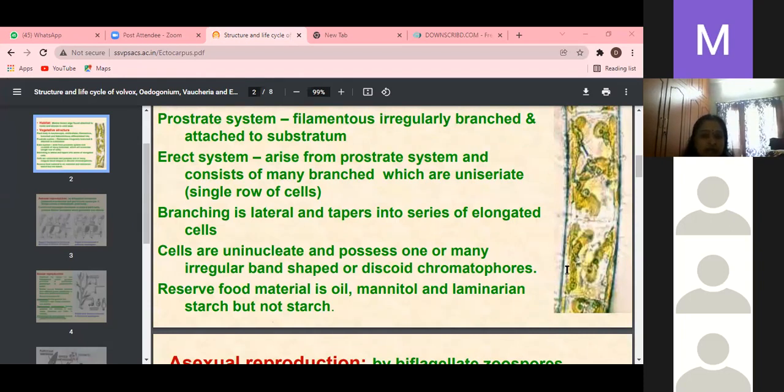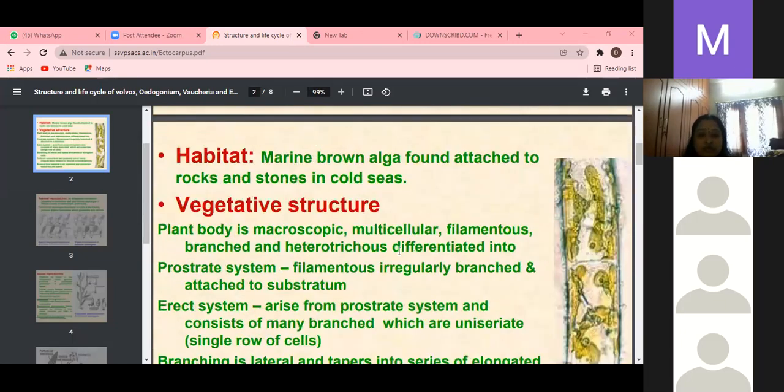Reserve food material is oils, mannitol alcohol and laminarin starch. What type of starch is there? Laminarin starch, mannitol alcohol.